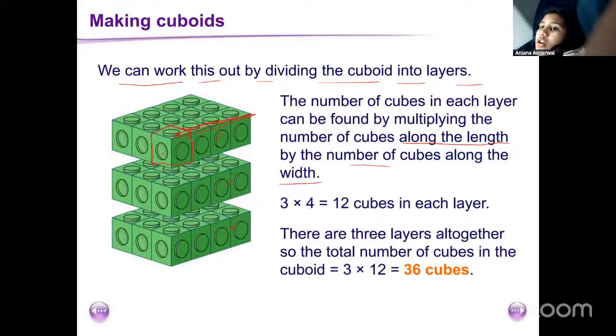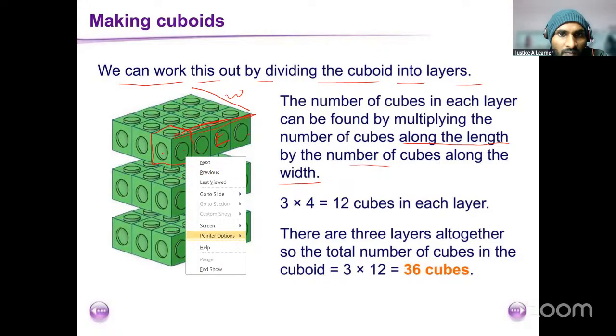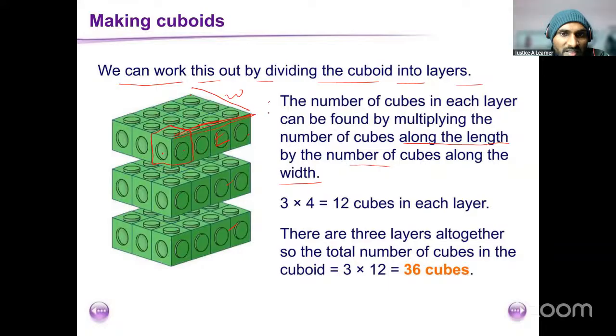It's the length, and this is the width. How many? One, two, three, four. And this side, one, two, three. So it is four into three. That becomes 12. Is that true? Yeah. So this would also have 12, right?